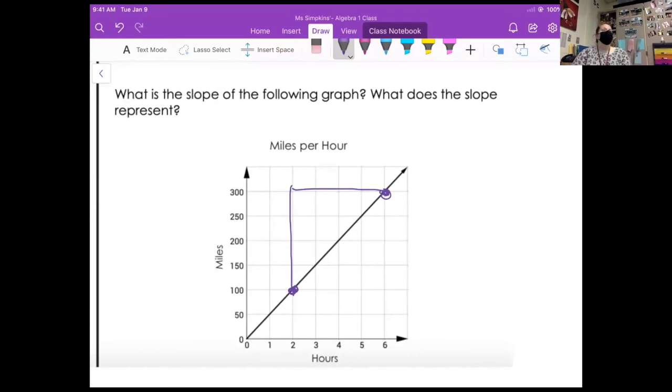Not 4. Look at the scale of the graph. I went from 100 to 300. 200. How much did I move to the right? Yours may be a little bit different. I'm saying for my graph. 4. Well, what's 200 divided by 4?